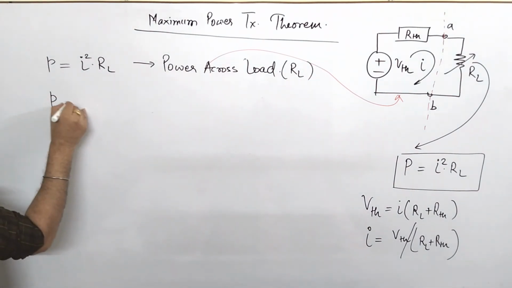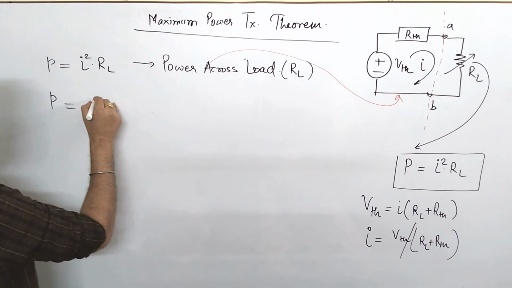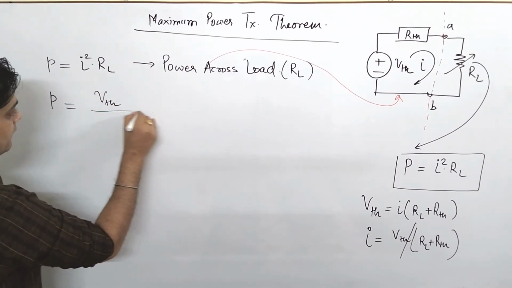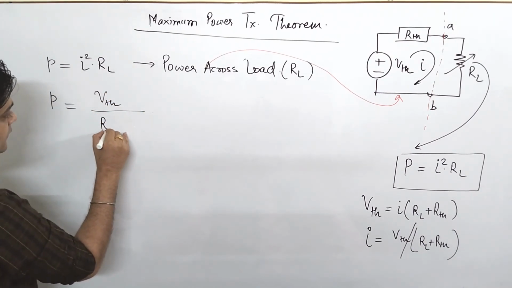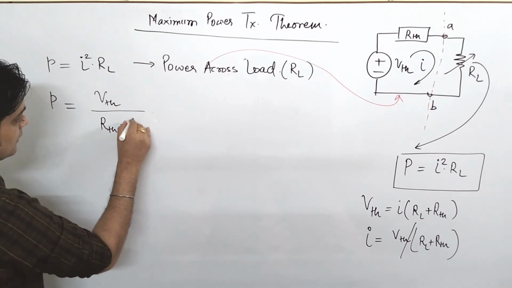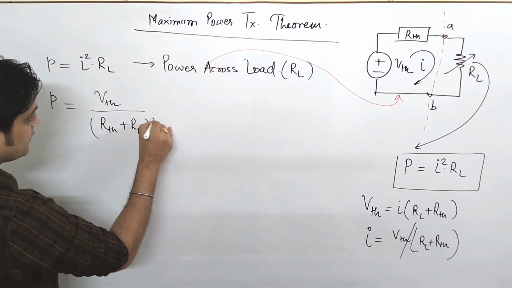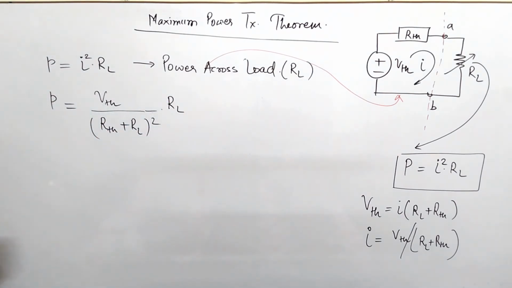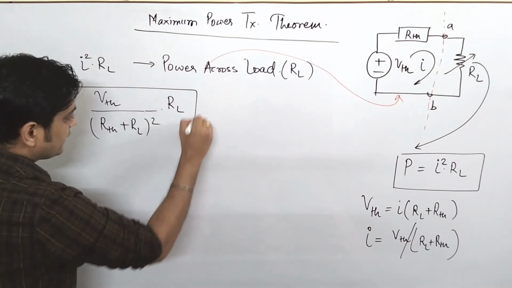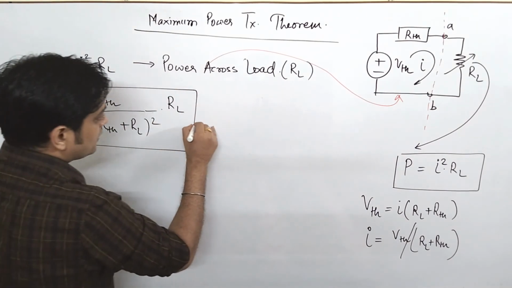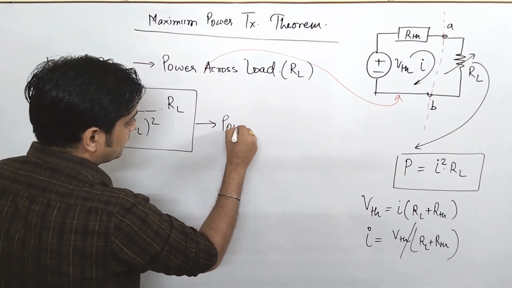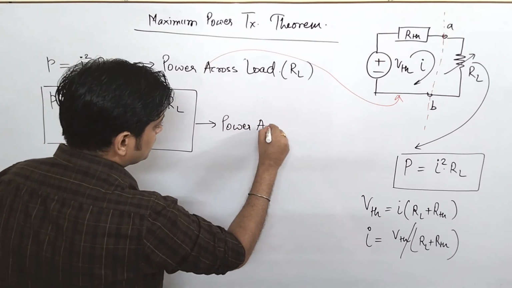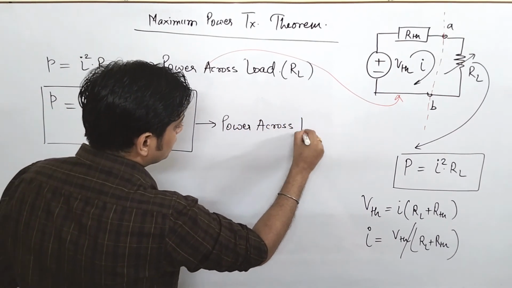The value of I is VTH upon RTH plus RL, whole square, into RL. So this is your power across the load.